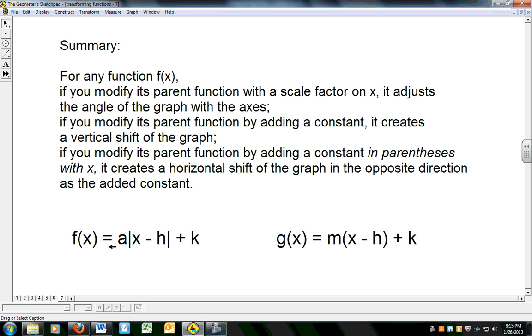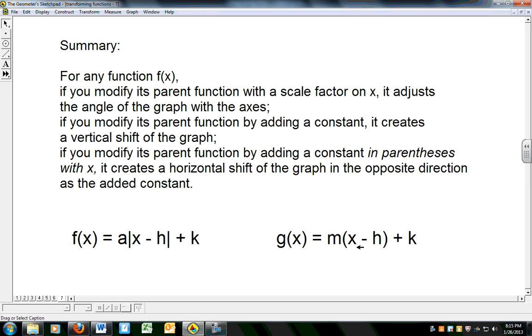So f of x equals a times the absolute value of x minus h plus k would give me a squeezing or stretching by the factor a. It would give me a horizontal shift of h units and a vertical shift of k units. The vertex of this absolute value would be at the coordinates h comma k.